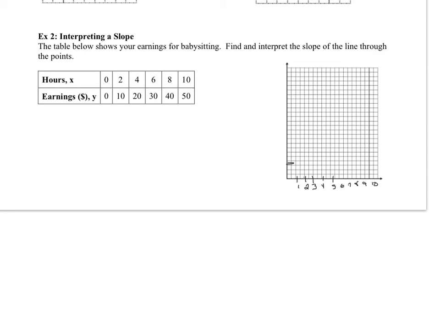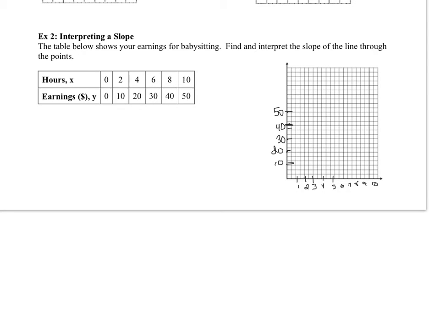So this would be 10, skip 2 lines, 20, skip 2 lines, 30, skip 2 lines, 40, skip 2 lines, and 50. Now, without labels, I have no idea what I'm talking about.